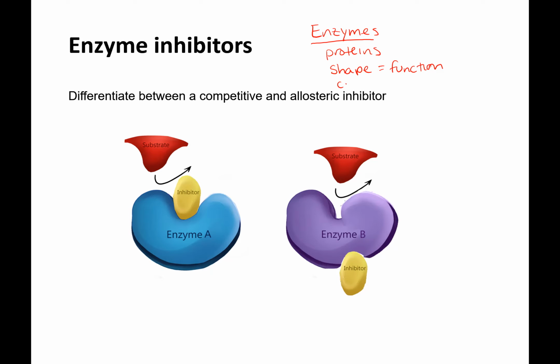Enzymes are called catalysts, which means they speed up a reaction, and enzymes are reused. So remember, they do their function, they bind reactants, release products, and can be used over and over again.